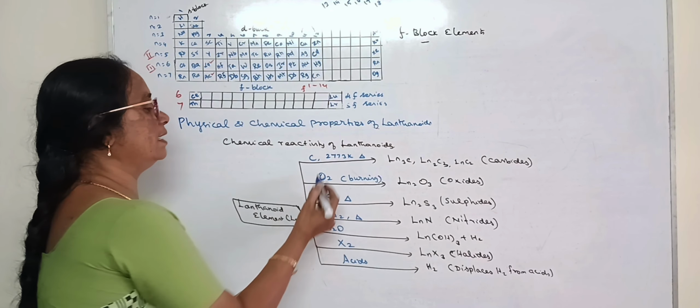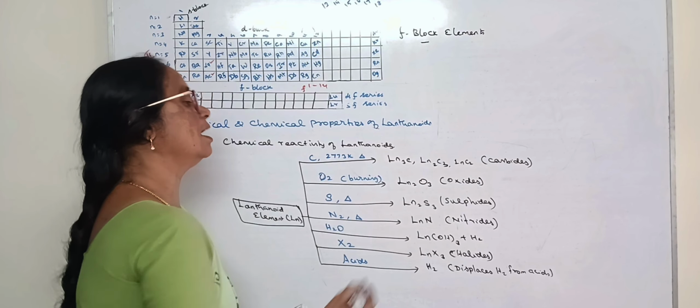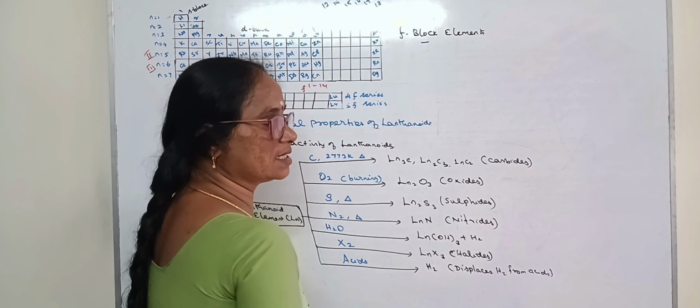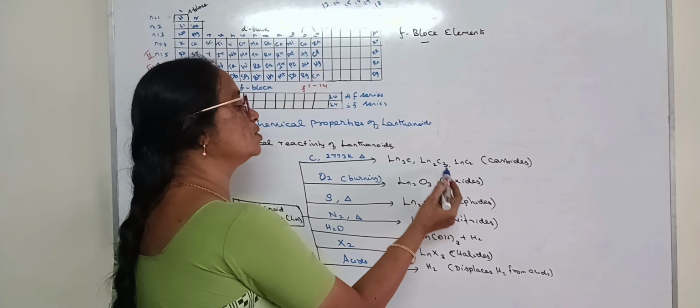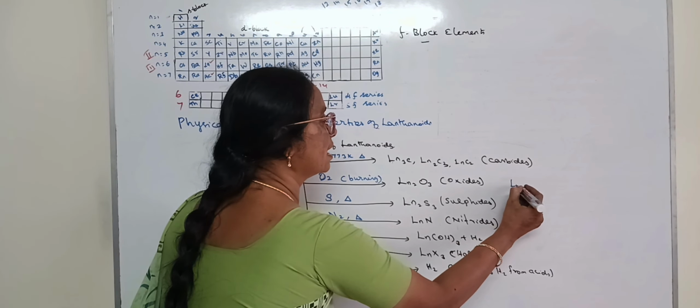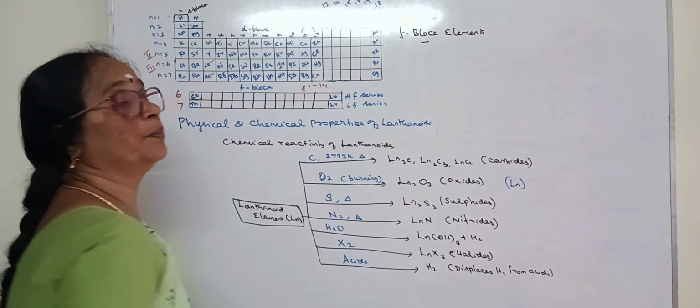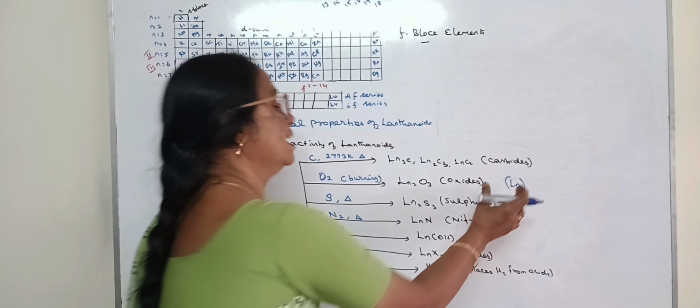So when heated with carbon at 2773 Kelvin, it forms carbides. The carbides of various proportions, Ln3C, Ln2C3 or LnC2, where Ln represents the entire elements. We generally represent lanthanides as Ln.